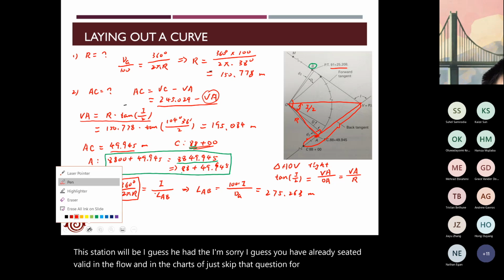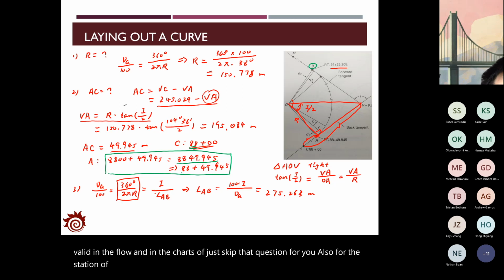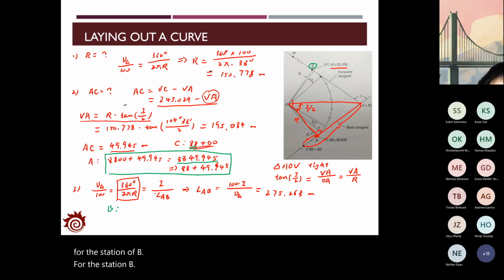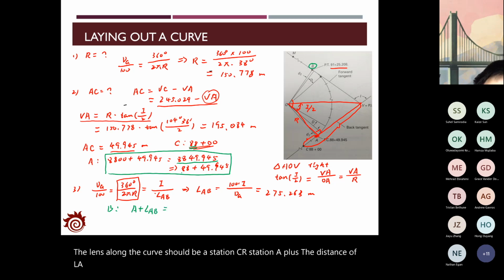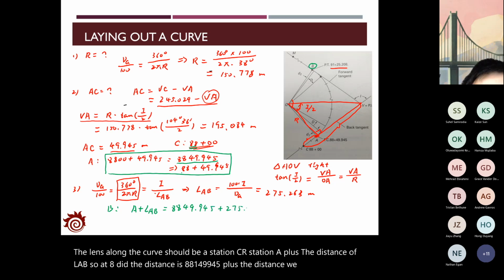So for the station of B, the length along the curve should be station A plus the distance of LAB. At point A, the distance is 8849.945 plus the distance we estimated, 275.263.